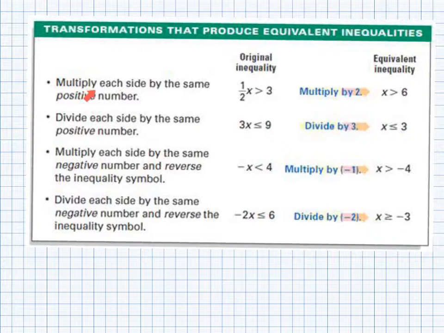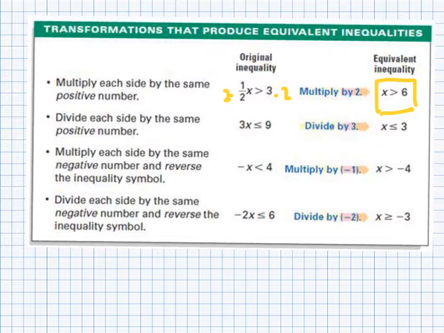We have an original inequality here, which is 1 over 2x is greater than 2. It says multiply each side by the same positive number. So we multiply both sides by 2, and we would end up with x is greater than 6.